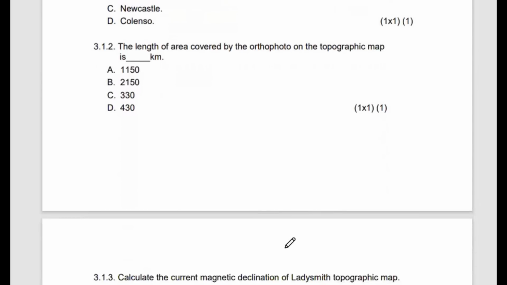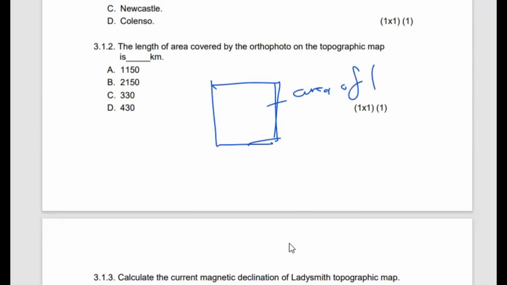Right. Then the length of the area covered by the orthophoto on the topographic map is a dash in kilometers. What you need to note there is you check for the red demarcation on the topographic map. That is the area of the orthophoto.